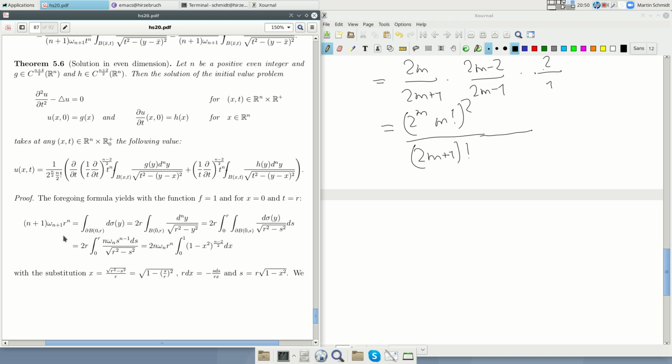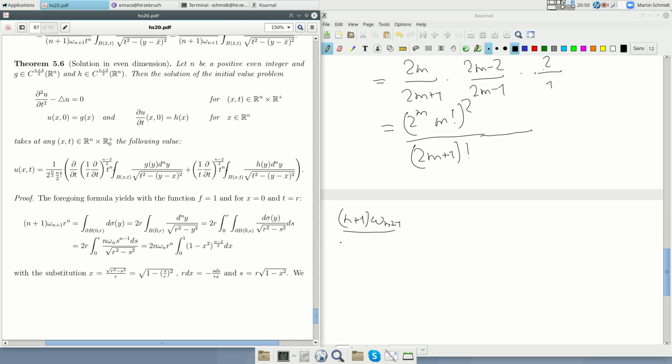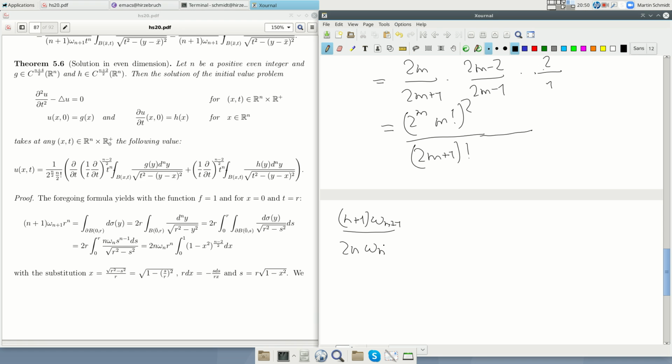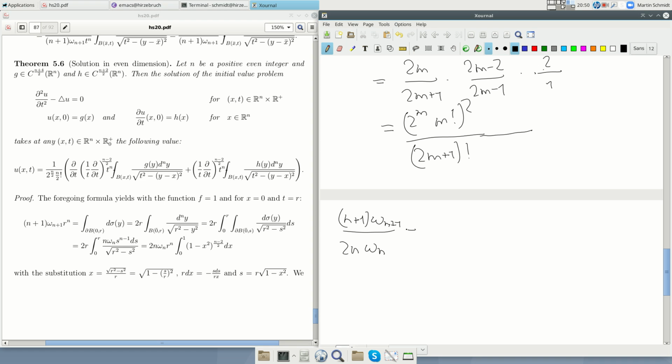Then we see, if we divide this, we get n plus 1 omega n plus 1 divided by 2n omega n, and the R to the n and R to the n cancel. This is the integral from 0 to 1 of (1 minus x squared) to the power n minus 2 over 2 dx.